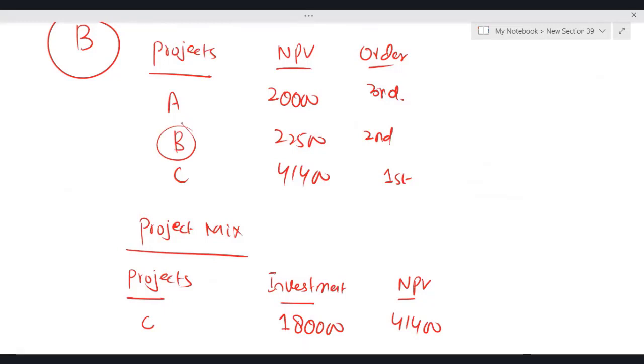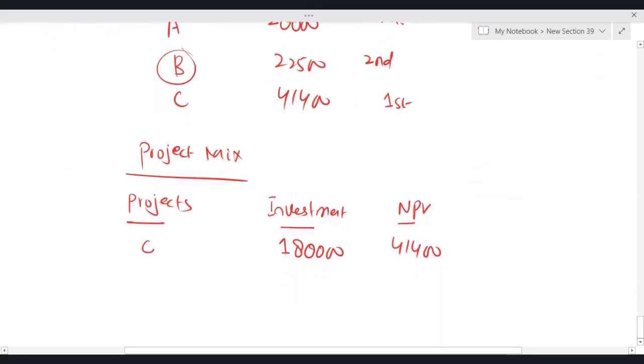Even though the ranking says the second project is project B, why can't we opt for project B? Funds, yes. We have insufficient funds. Projects are indivisible. Even though the order says the second project should be B, we cannot do that. The reason is we don't have enough funds.